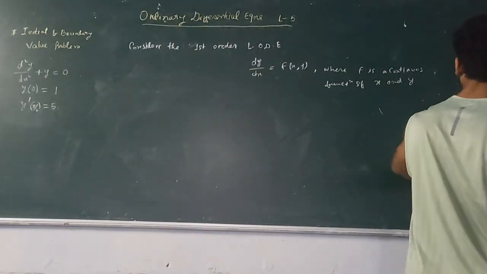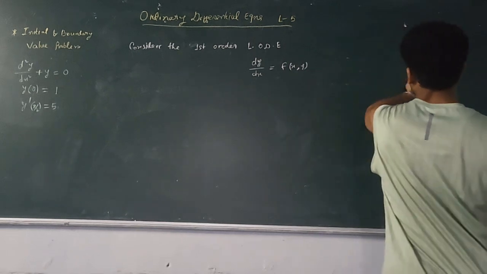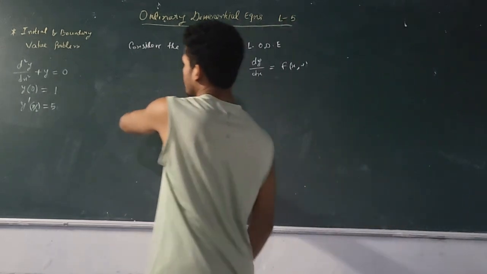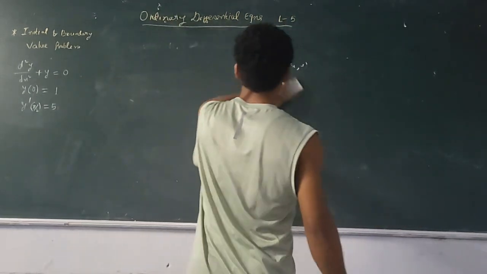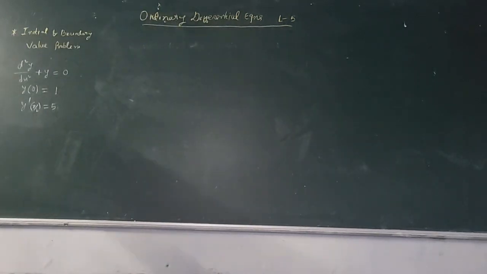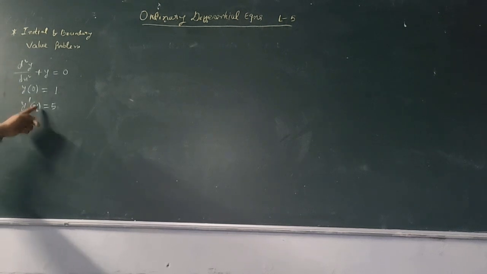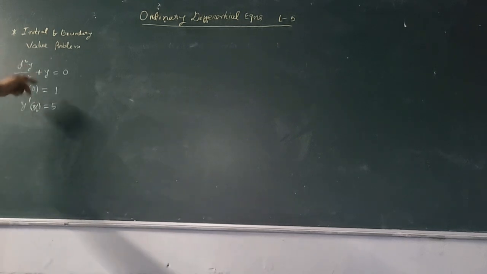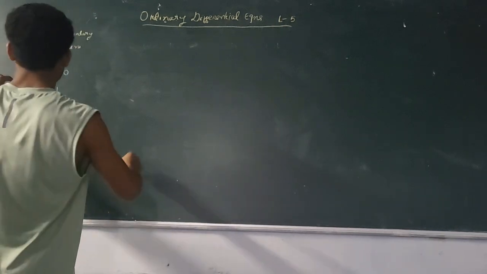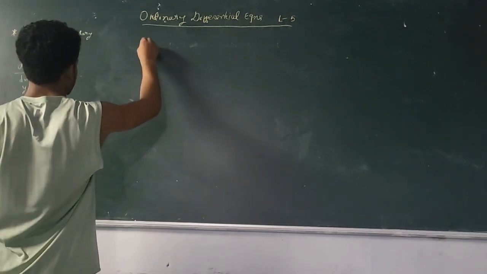Let us go to an example. Look into here. This is a differential equation. Here using two points, the first point is 0 and the second point is pi by 2. This is a two point boundary value problem. Okay. Now find the solution of this differential equation. First find the general solution.